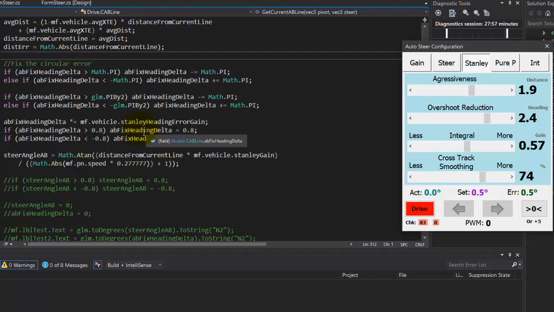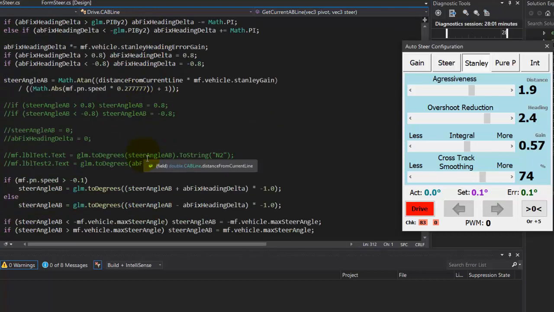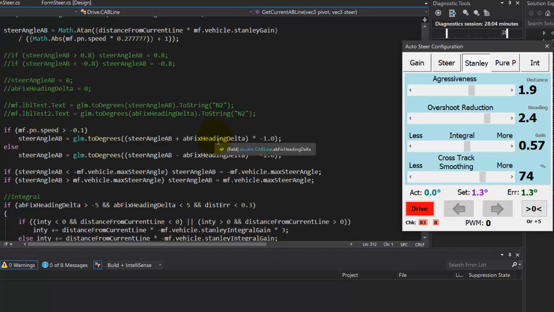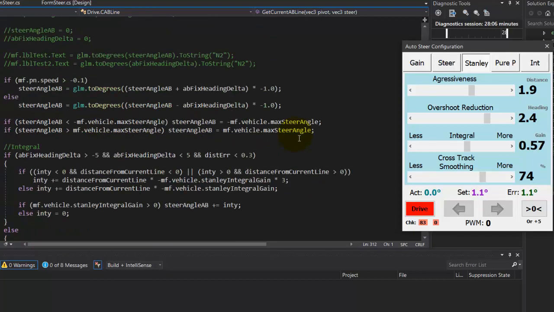We may need it close to the line, but all of this takes care of that differential term. And then, of course, we just make sure that we're not exceeding the degrees and that sort of thing. If we're limited to 40 degrees, we don't want to exceed that steer angle more than 40 degrees. There's our max steer angle. And, of course, we have to fix it if we're going forwards or if we're going backwards.